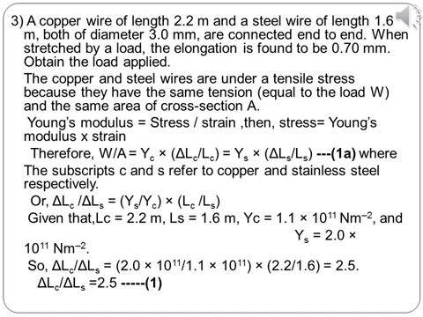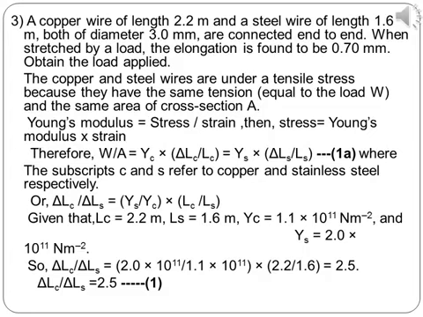Then it is equal to YC into delta LC by LC, equal to YS into delta LS by LS, which is the expression 1a, where the subscripts C and S refer to copper and stainless steel respectively.